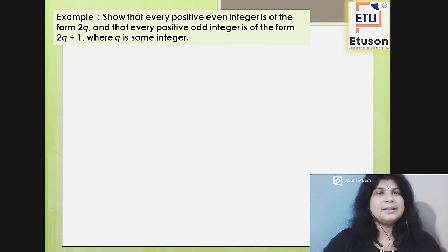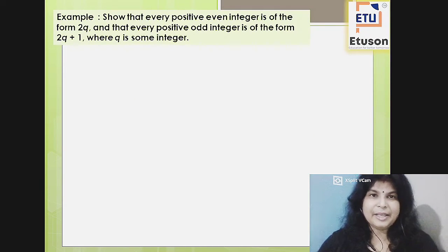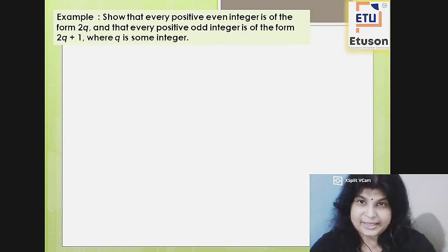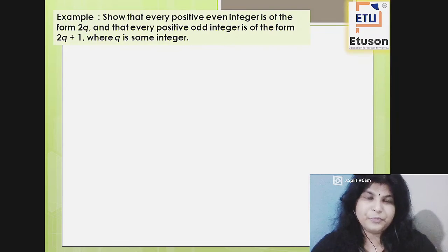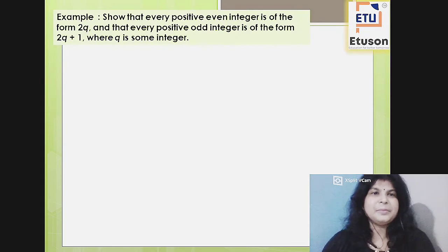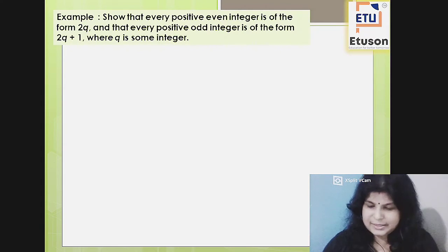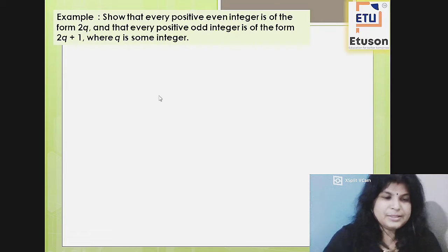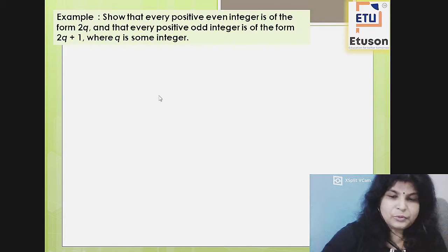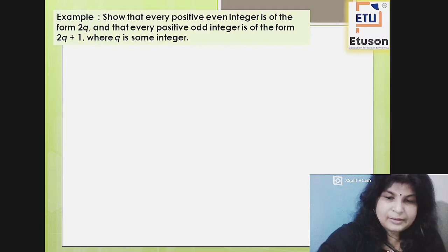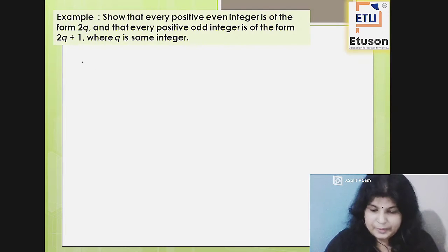What is it? We have to show that every positive even integer is of the form 2q and that every positive odd integer is of the form 2q plus 1, where q is some integer. So it is very simple. How are you going to start it? For that, what will we do?